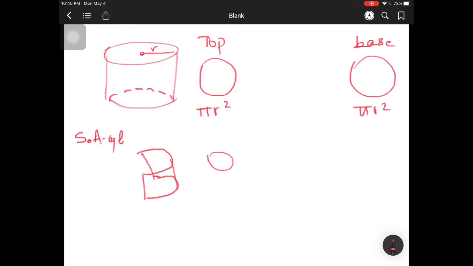Let's say you get this circular face and you cut the side and you open it, it would give you a rectangle, right? So what still remains here, the rounded part between the top and the base, is actually a rectangle. Now of course here it's not in the shape of a rectangle because it's turned around, but let's say you open it, it would look like a rectangle.